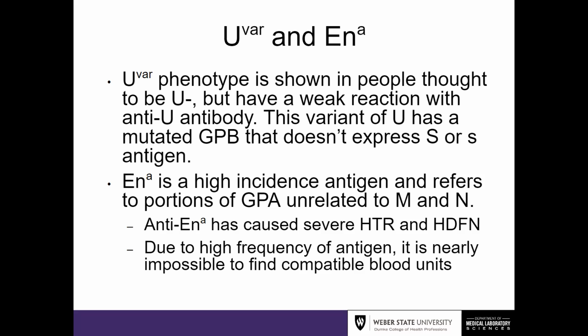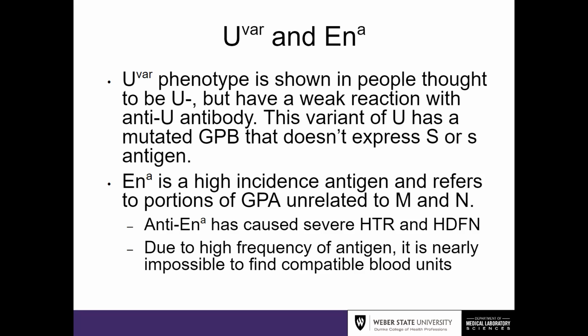So ENA, on the other hand, is a very high incidence antigen. It happens nearly everywhere, and it refers to the portions of glycophorin A that are unrelated to the M or N antigen. So it's either in between or below these antigens on glycophorin A. So this antibody is a very serious antibody.